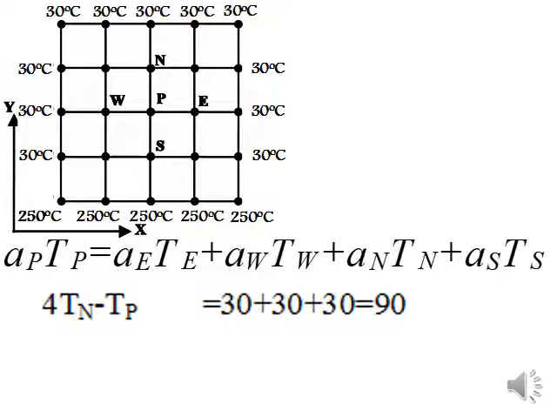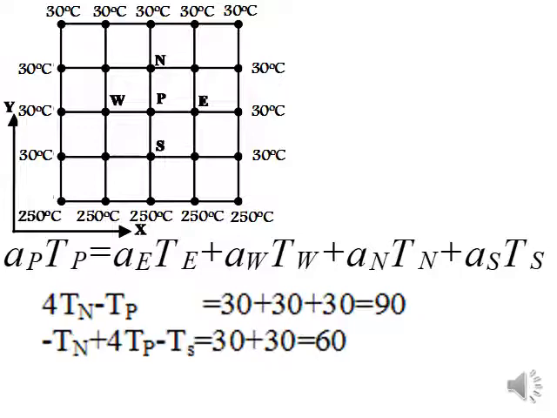So please leave Tp as it is, because it's still unknown, while put the 30 3 times. So 30 for the western, 30 for the eastern, 30 for your upper neighbor, which is the upper boundary, so it's 30. So this will give 90.